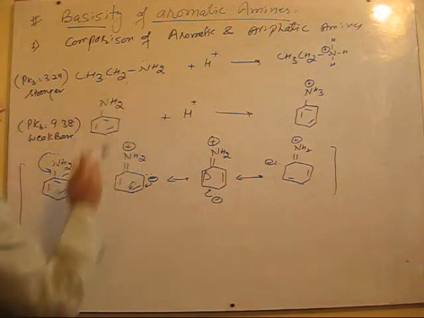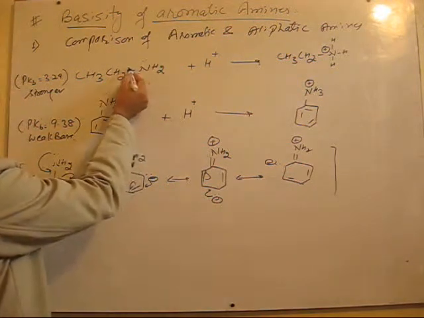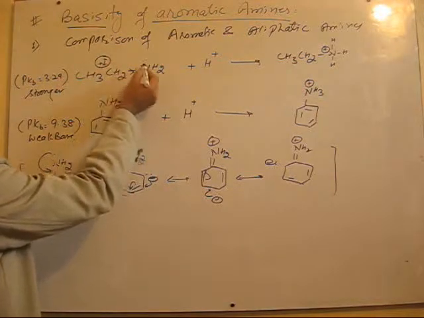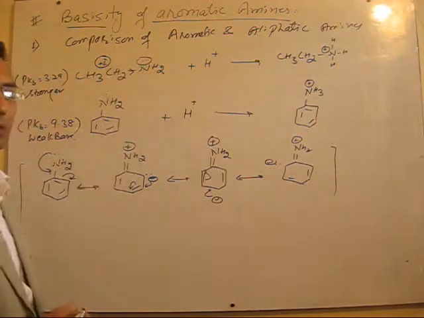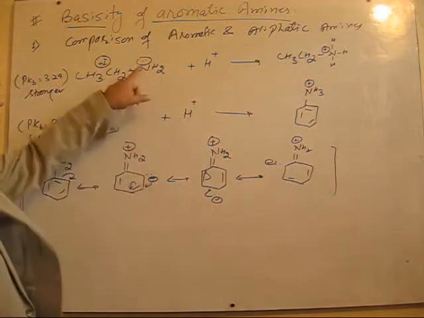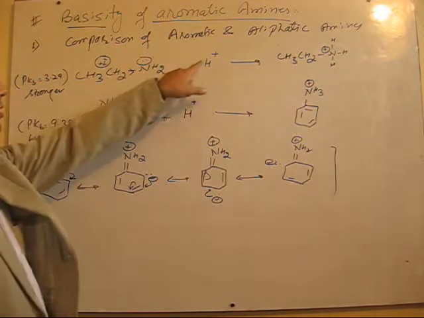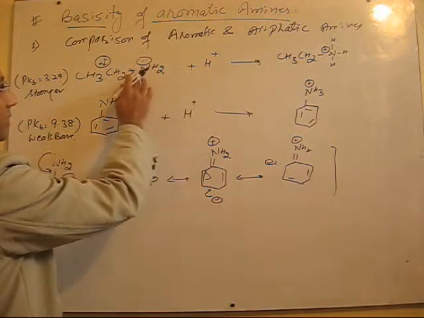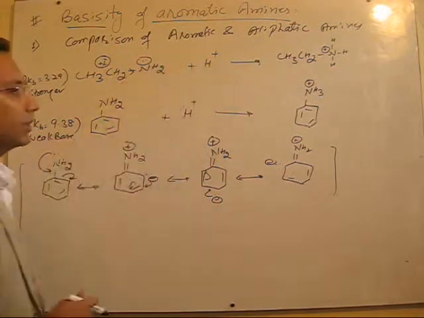If we see the reactant side, there is one factor, that is the plus I effect of the ethyl group, which increases the electron density on the nitrogen. So with more electron density on nitrogen, the attack of H positive will be easy, so it has more tendency to gain H plus.